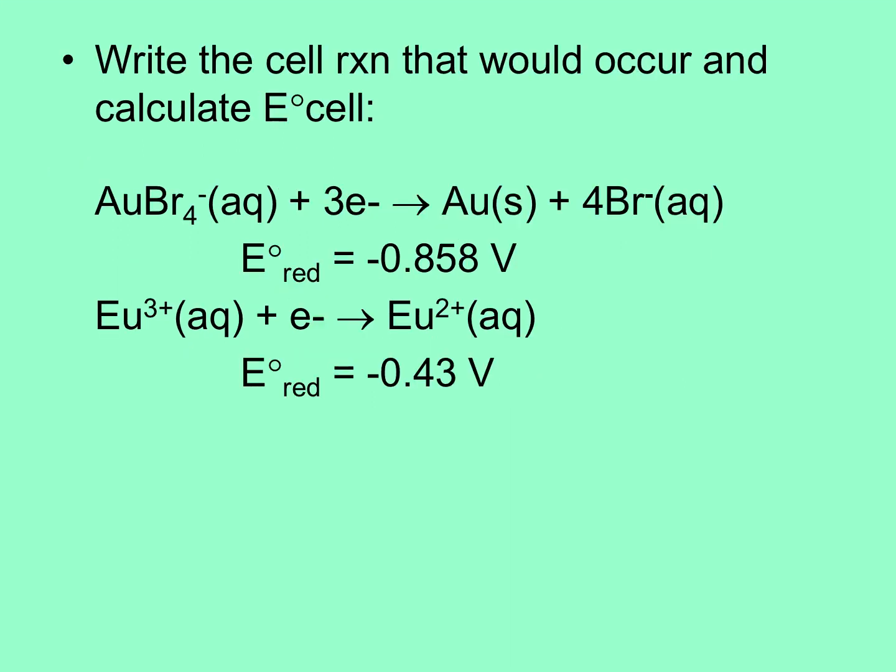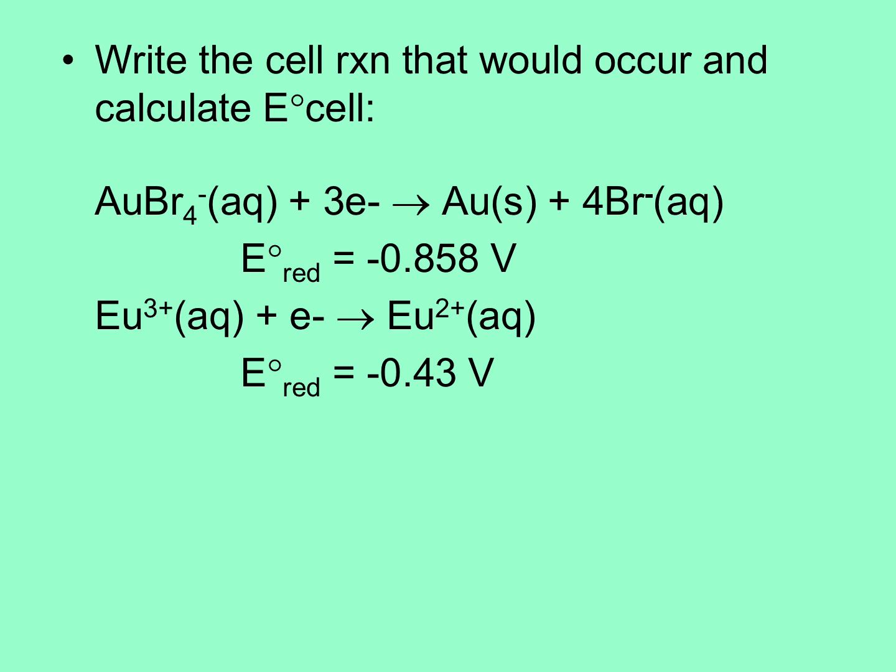This problem is slightly different. It is giving you two different reduction potentials and two half reactions, and it's asking you to write a cell reaction that would occur, meaning thermodynamically favorable, and calculate the electromotive force of that cell.